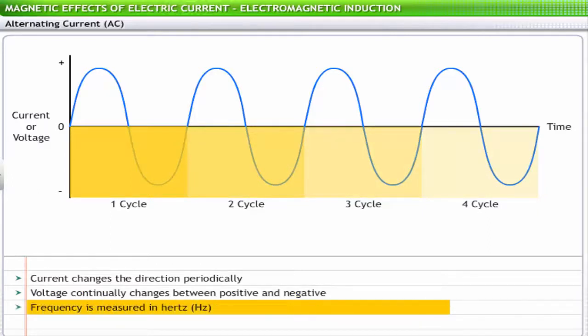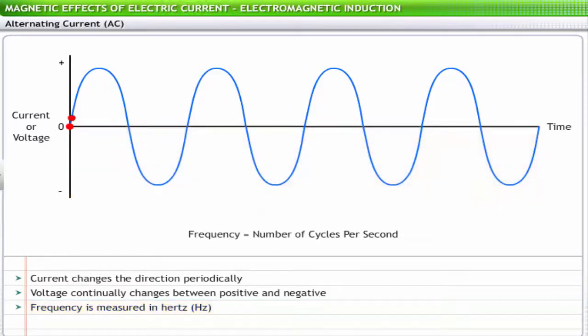It is measured in hertz, that is, the number of cycles per second. The increase in value from 0 to the positive maximum, then the decrease back to 0, then the further increase to the negative maximum, and the decrease back to 0 is counted as one complete cycle.